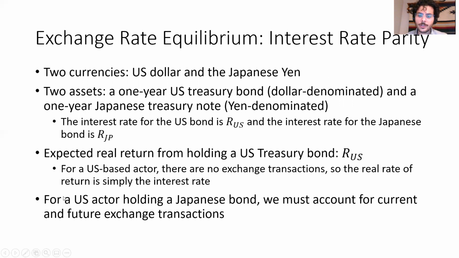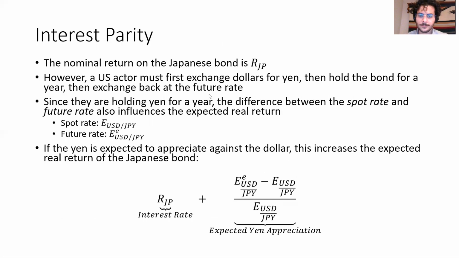If we're considering the real return on a Japanese bond, we have to account for both the current and future exchange transactions. Okay, so the nominal return on the Japanese bond is RJP, but we first must exchange dollars for yen, hold the bond for a year, then exchange back to dollars at the future exchange rate.